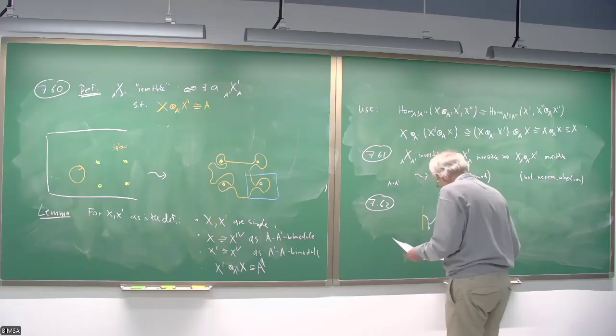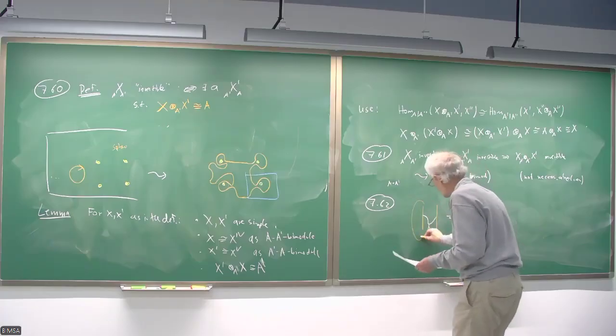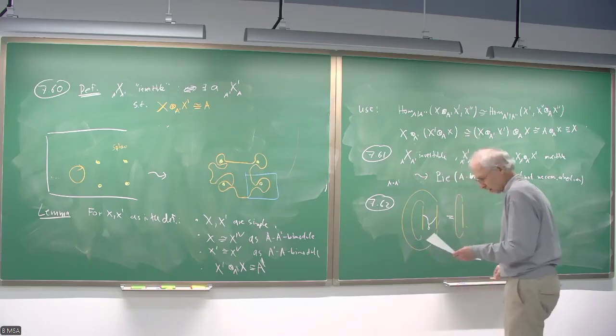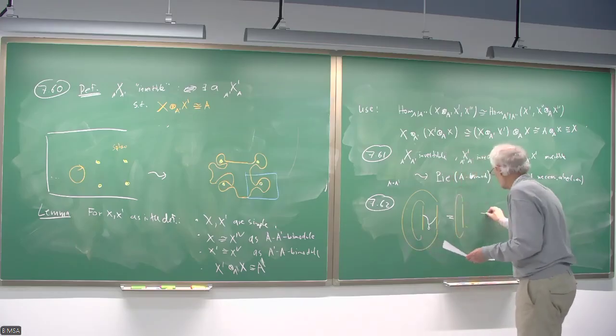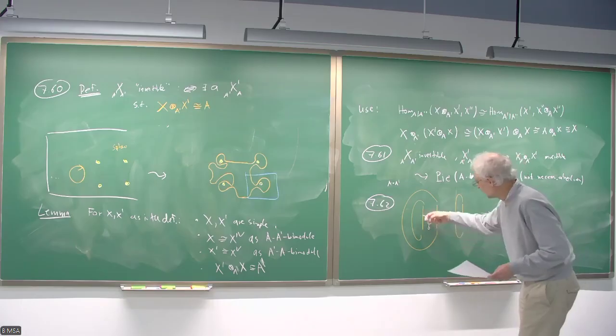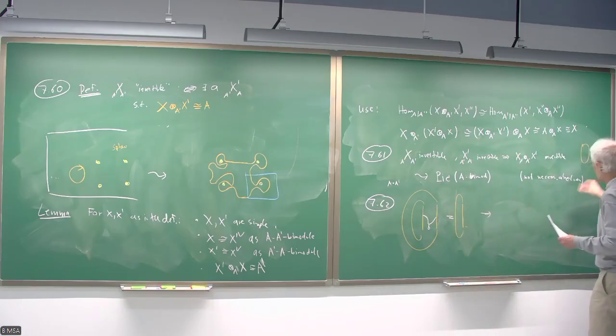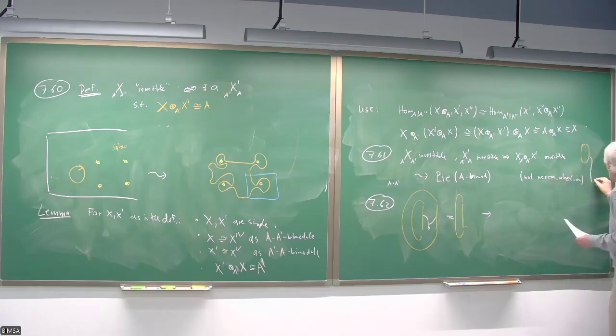And if I now take traces of this, then using also the fact that this piece here is a morphism from A to 1. We assume that our algebras are simple, meaning simple as bimodules over themselves.